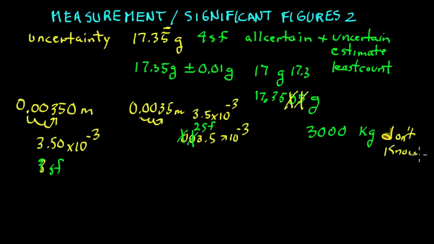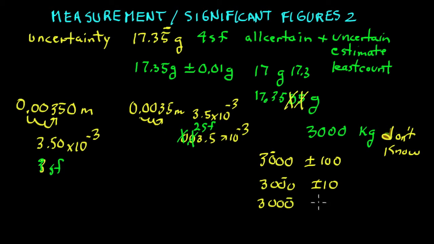Now, why don't you know? Because the 3,000 can actually be plus or minus 100, if that's where you measured to, or it could be plus or minus 10, or it could be plus or minus 1.